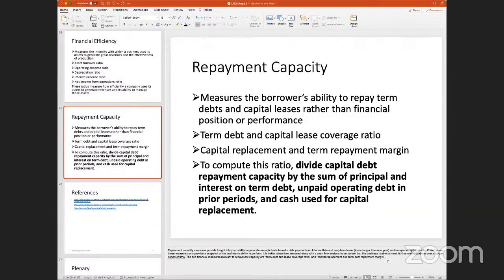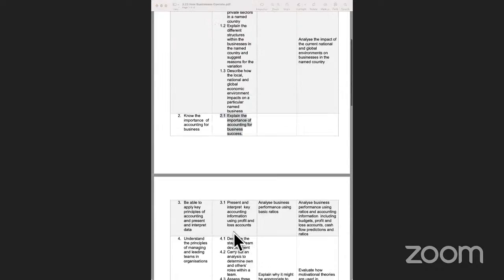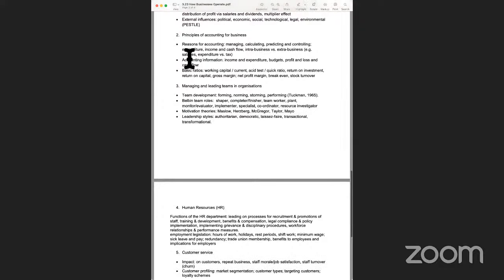Although we had to look at understanding the importance of accounting for business, which was only one assessment criteria, we have done a bit of a detailed discussion because the idea here was to provide you an overview of what is accounting, when it is used, what are the reasons why accounting is used, and we wanted to cover the indicative content which has been provided in a bit more detail, and that has hopefully given you a detailed overview of how accounts and finances are important for the company.